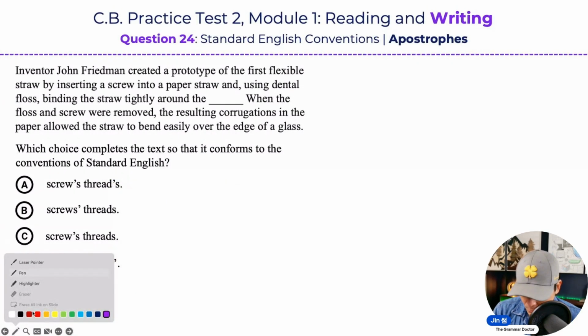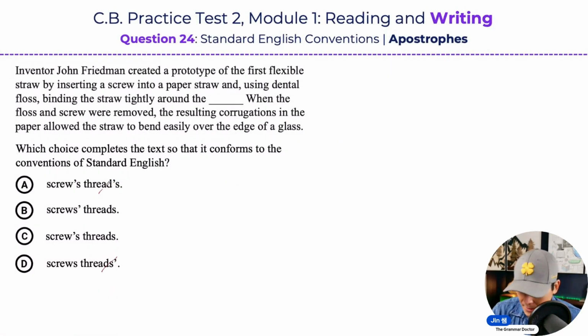The second thing that you want to check for, the second thing that I notice here, is answer choices B and C. B has the apostrophe after the S, the screws with the apostrophe, and then C has the apostrophe before the S, so screw apostrophe S. You have to decide: should the word screw be singular possessive or should it be plural possessive?